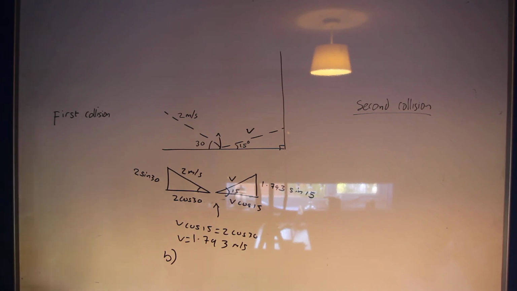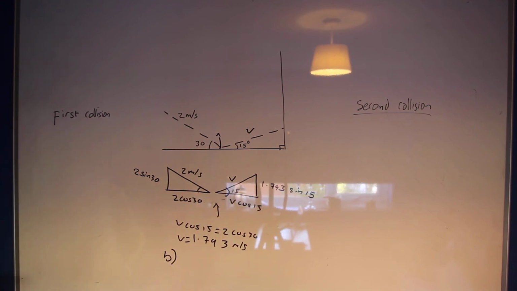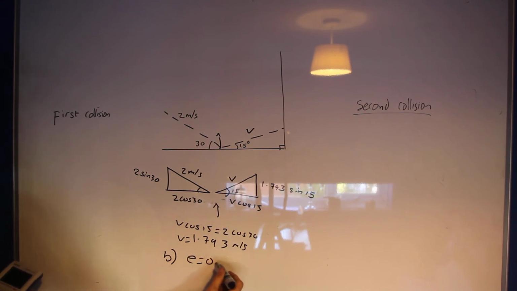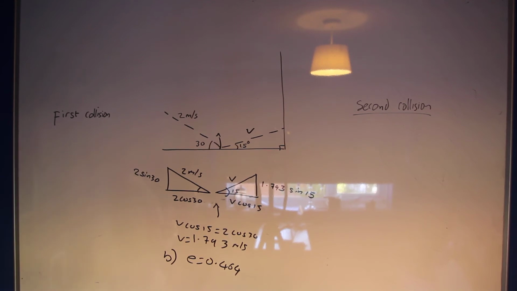Well, from that we can calculate exactly what E is, because E should be the speed afterwards divided by the speed of approach. So 1.793 sine 15, and then I divide that by 2 sine 30. Well, 2 sine 30 is going to be 1, right? So E is equal to 0.464.